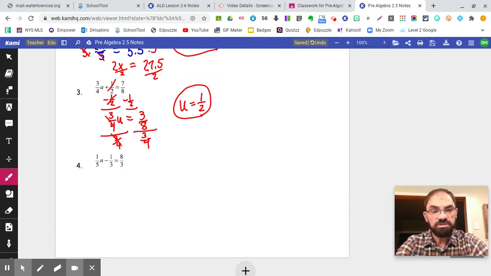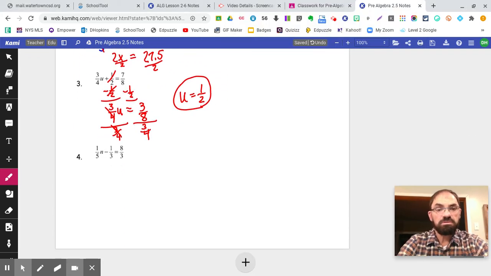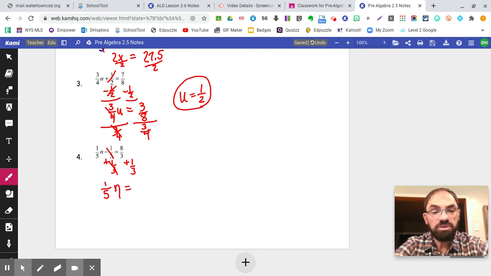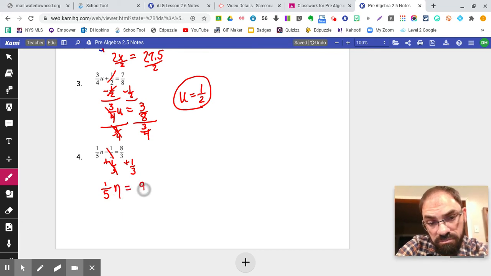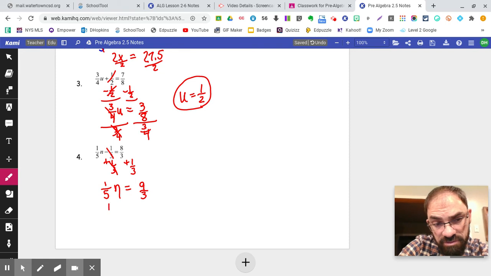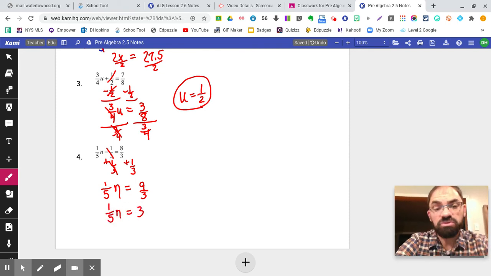Okay, let's look at the last one. To get n by itself, add 1/3 to both sides. 8/3 plus 1/3 is 9/3. But what else do we know about 9 divided by 3? That simplifies, right? So 1/5 n equals 3.